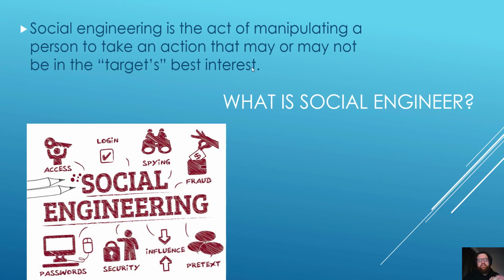Social engineering is the act of manipulating a person to take an action that may or may not be in the target's best interest. It means taking advantage of someone else.